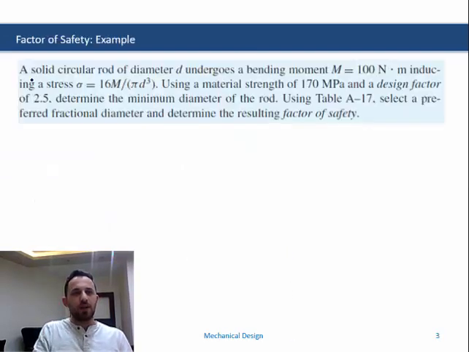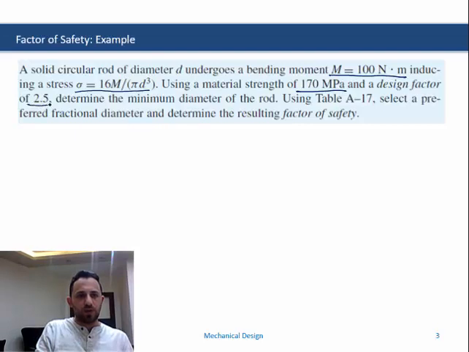Here is an example at which we will see how we could apply the factor of safety. A solid circular rod of diameter d undergoes a bending moment M of 100 Newton meter, and this bending moment induces a stress with this equation, using the material strength of 170 megapascal and a design factor of 2.5.